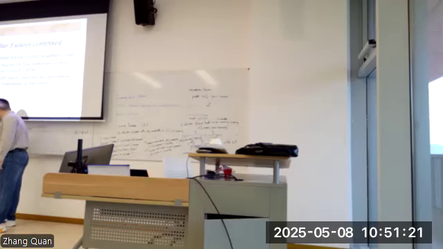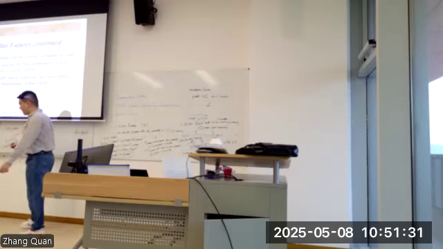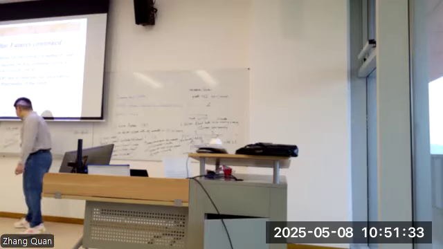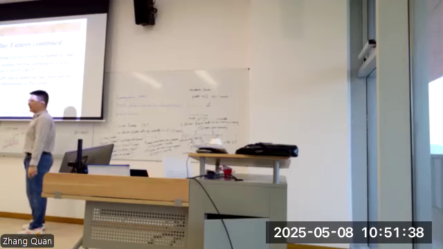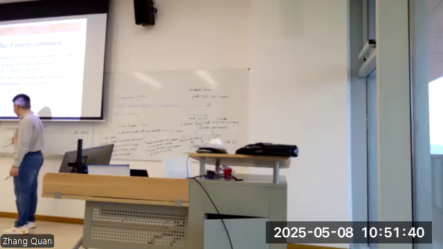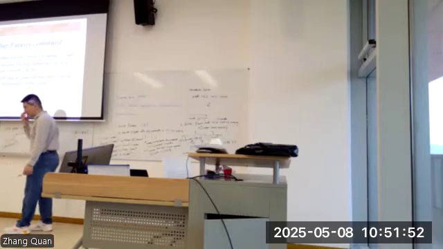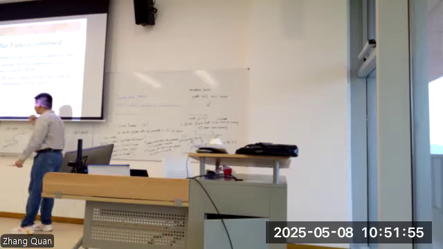The price quotation for the future is 100 minus R. If your risk-free rate here is 0.2, you just use 100 minus 0.2, as a percentage. You have 99.8. This is the price of this future.